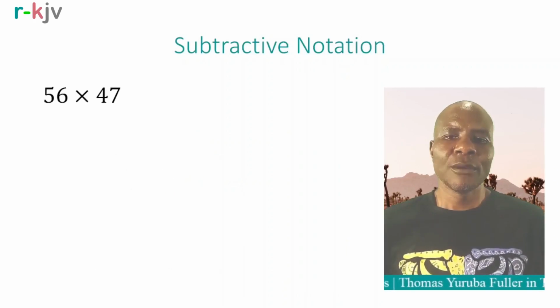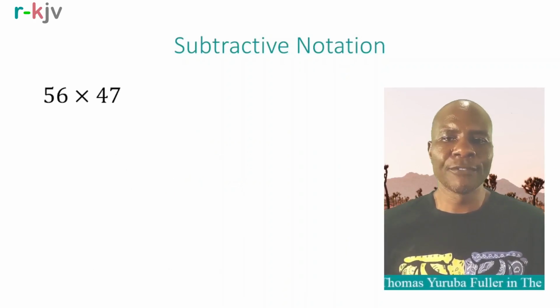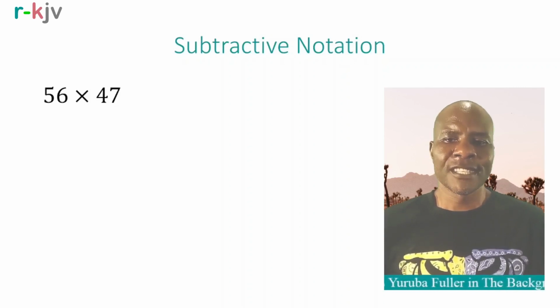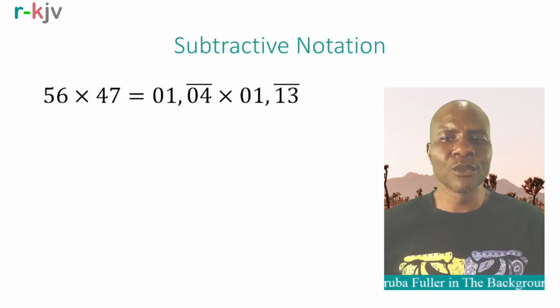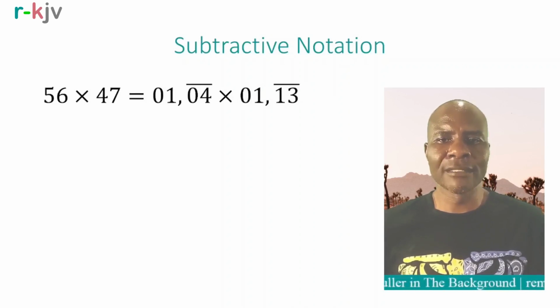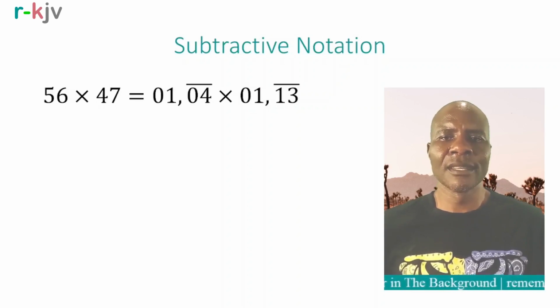Let us take a look at the multiplication of 56 and 47. 56 is 01, vinculum 4, and 47 is 01, vinculum 13.